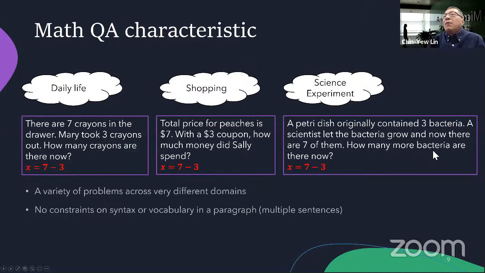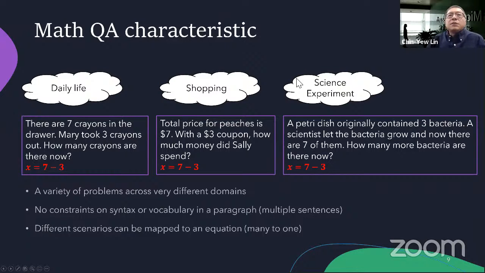How many more bacteria are there now, right? So these are the questions typically you will ask, but then you have a context, multiple sentences together. Then there are different scenarios like daily life, shopping, science experiments. So this has to be mapped into maybe the same equations.